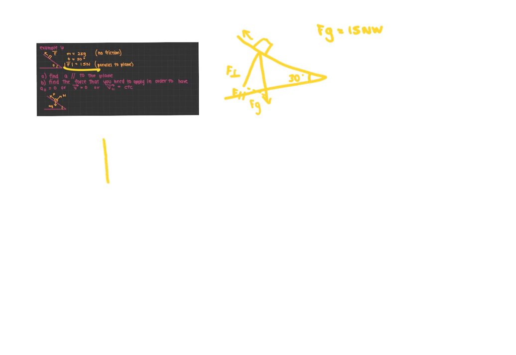We're first showing the force of gravity. I'm going to change the color. Then we're showing the force that is perpendicular. And then we're showing the force that is parallel.